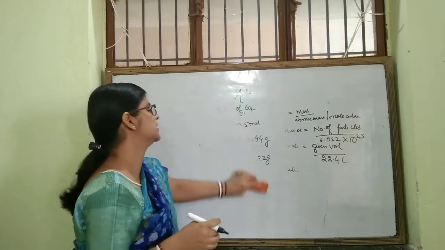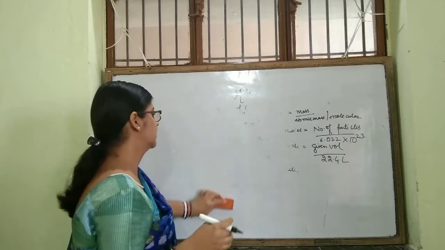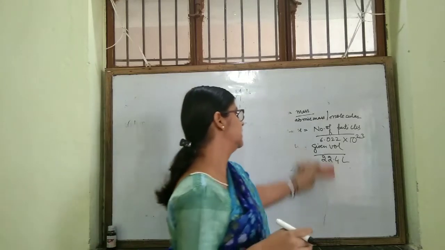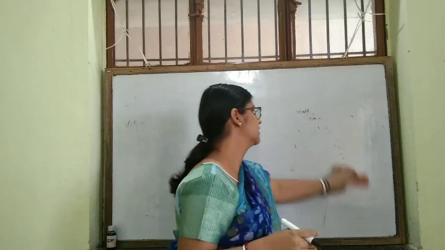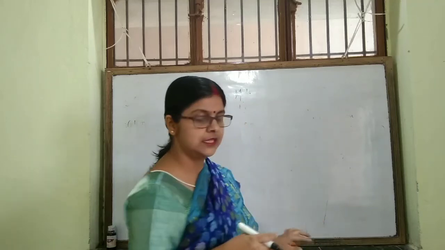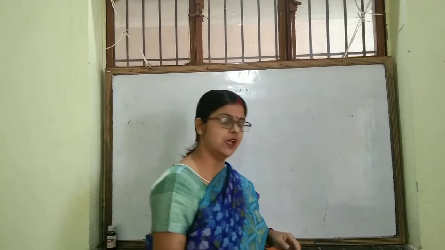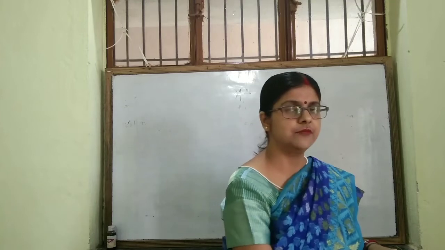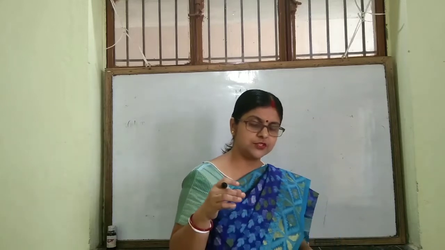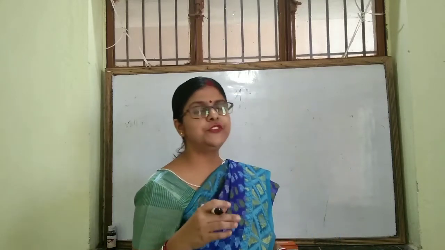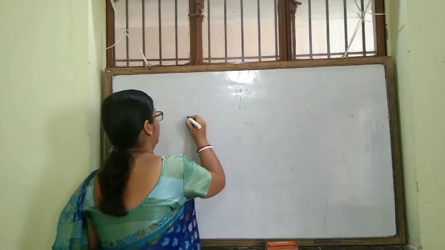I'll take up another example to explain these numericals. This is a bit tricky question. I'm giving the question. What is the number of molecules of carbon dioxide which contains 8 gram of oxygen?